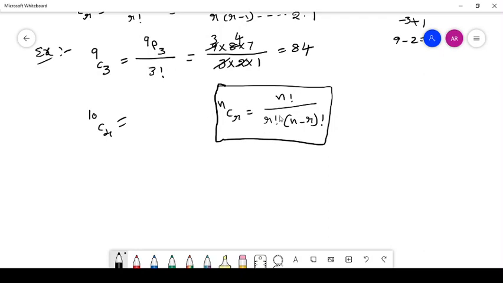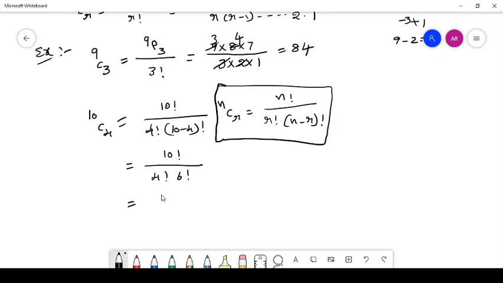This is the formula. Here the value of n is 10, so 10 factorial by r is 4, 4 factorial. Next n minus r, 10 minus 4, 10 minus 4 factorial. 10 factorial by 4 factorial into 10 minus 4 is 6 factorial.